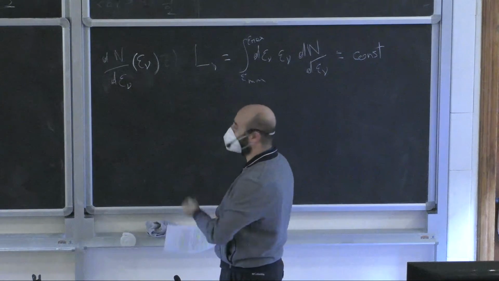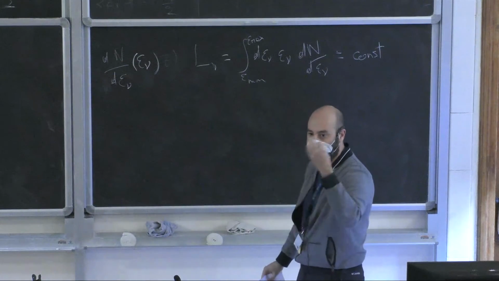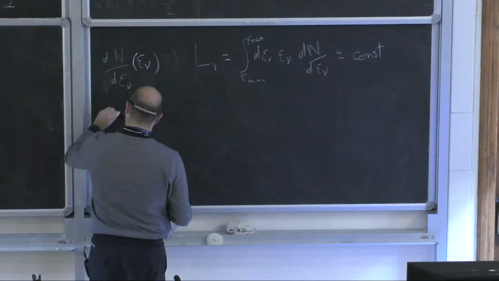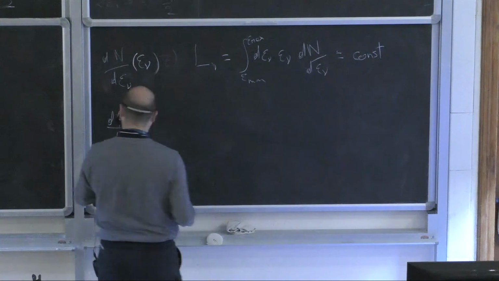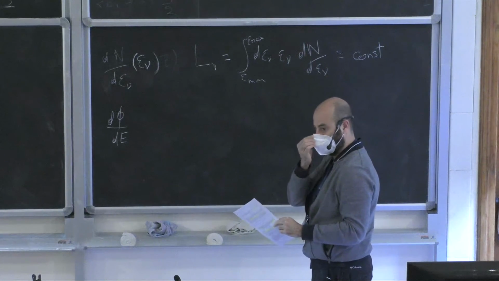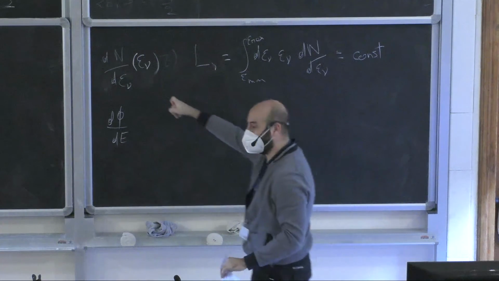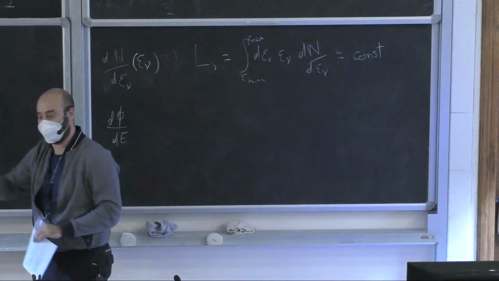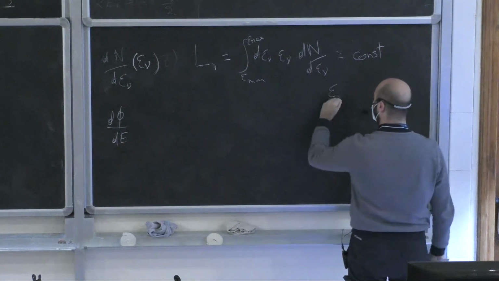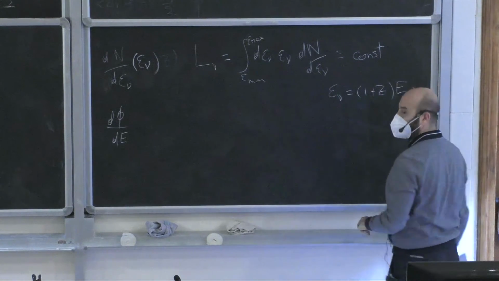Let's say, for the sake of argument, we want to know how many neutrinos you detect at the Earth per unit time, per unit solid angle, per unit surface, per unit energy dE. I use capital E for the energy at the Earth. It depends on z, because the link is that epsilon nu is 1 plus z times the energy that you see at the Earth.